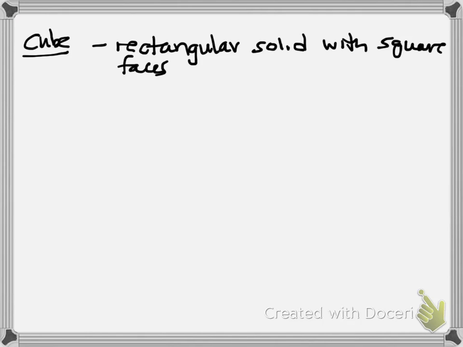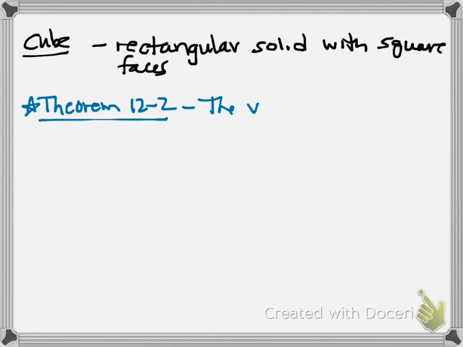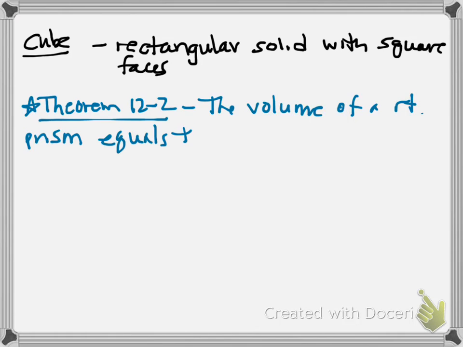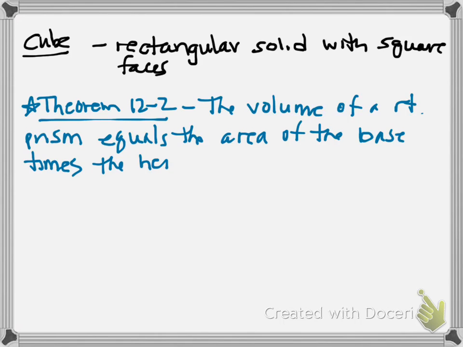And then I do have theorem 12.2, which is the volume of a right prism, so you're going to have no formulas on oblique prisms, equals the area of the base times the height of the prism.